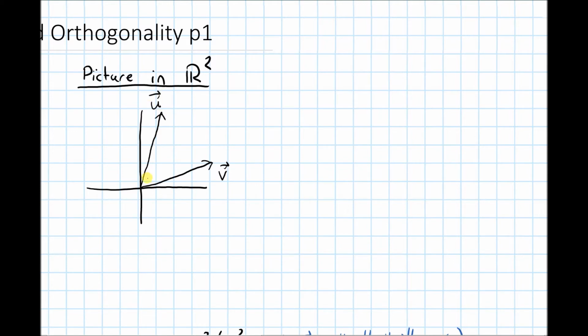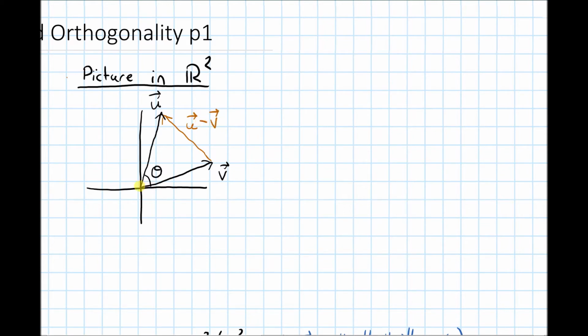There's some angle between these two vectors, which I'll call theta. Now let's draw one more vector, starting at the tip of v and connected to the tip of u like this. That vector right there is u minus v.